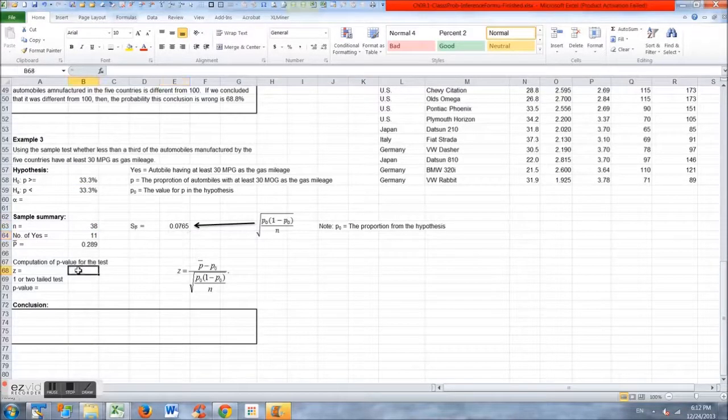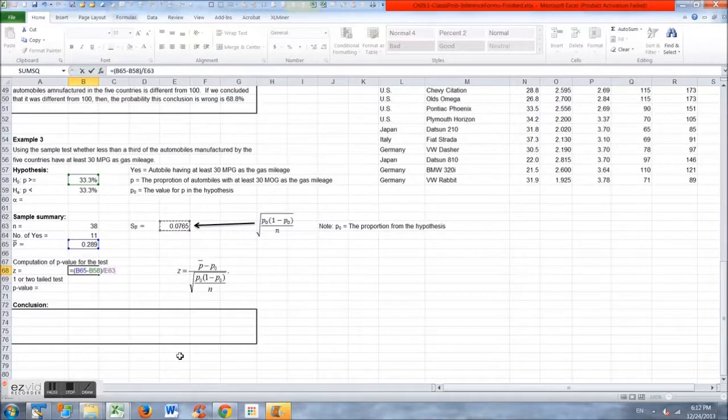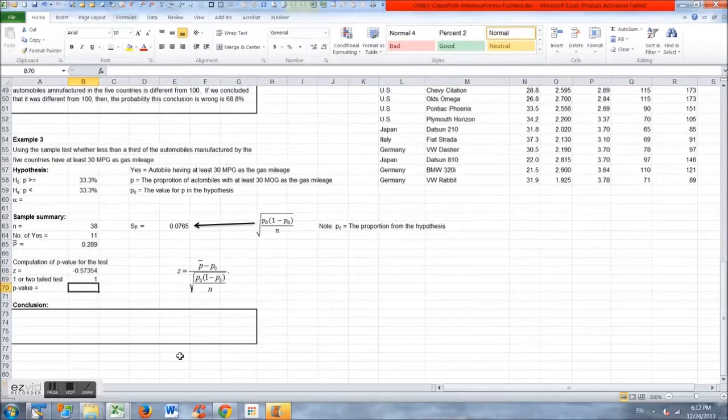Okay. For hypothesis test for population proportion, we always use Z, so that will be P bar minus P sub 0 divided by the standard error, which is right there. So is this a one-tail test or a two-tail test? It is a one-tail test, and we want the cumulative probability, and we have to use the normal distribution.